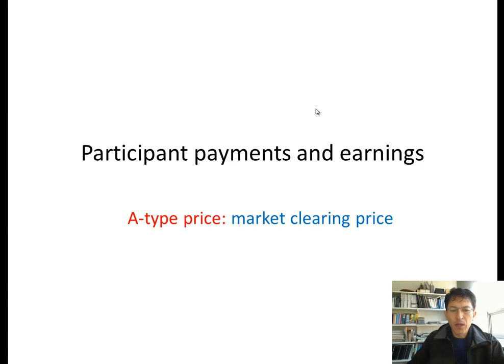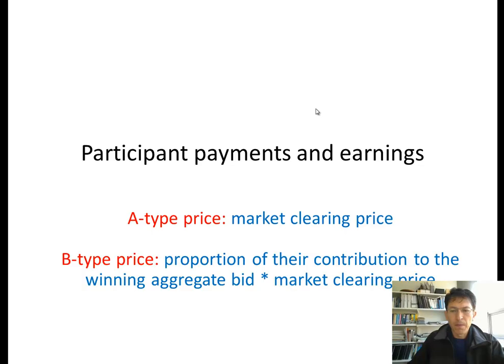Things are more complicated for winning bidders whose blocks are assigned a B characteristic. In this case, the price that each winning B-type participant pays for a block is equal to the proportion of their contribution, their own bid, to the winning aggregate bid times the market clearing price.